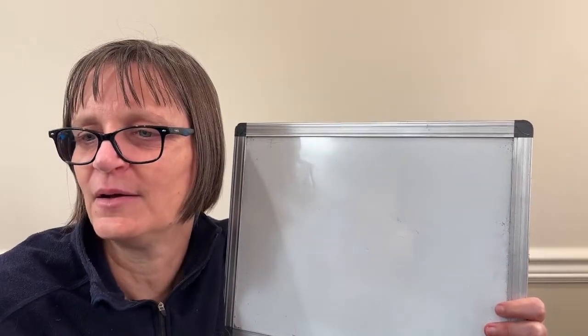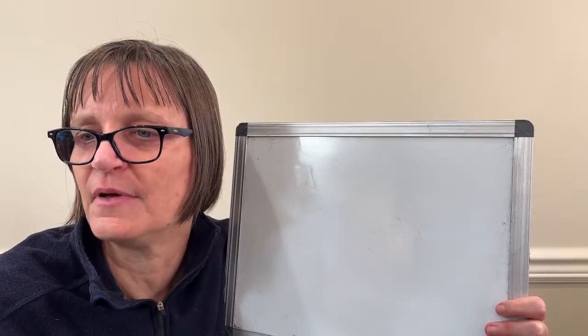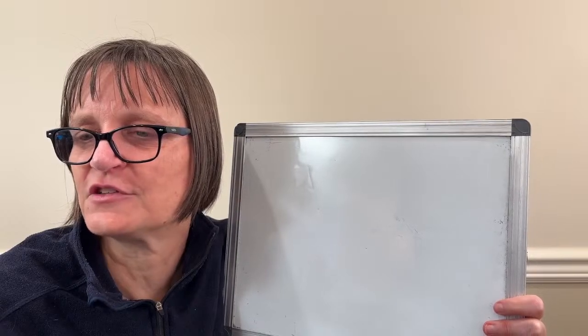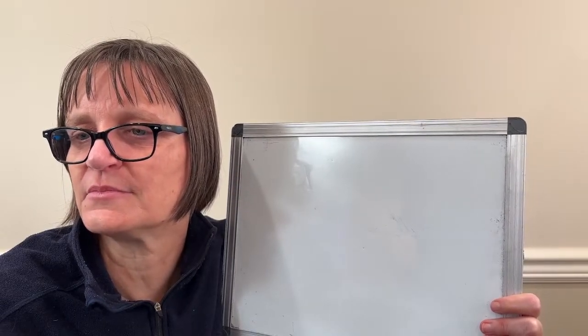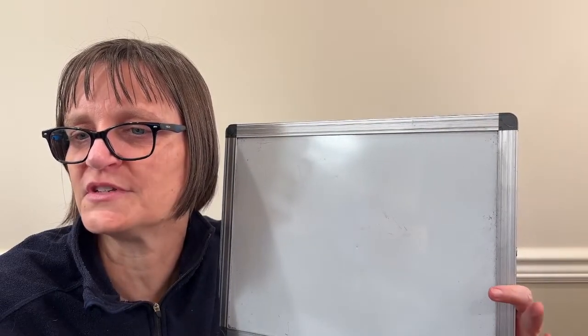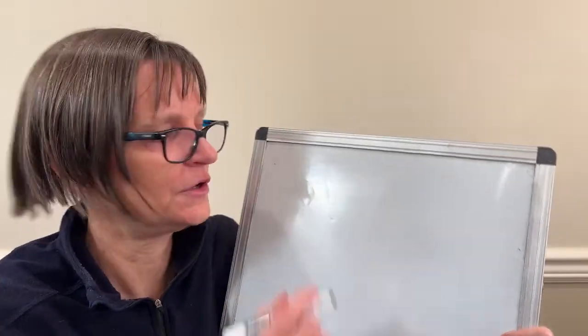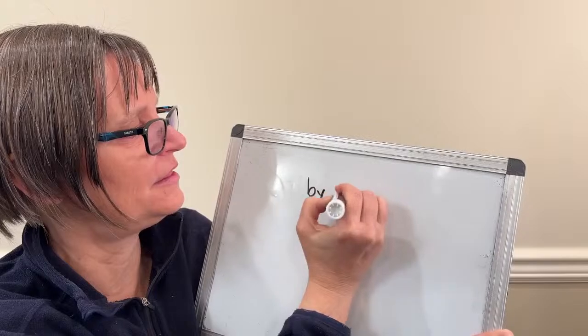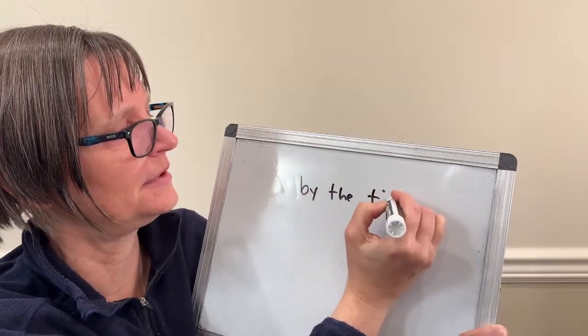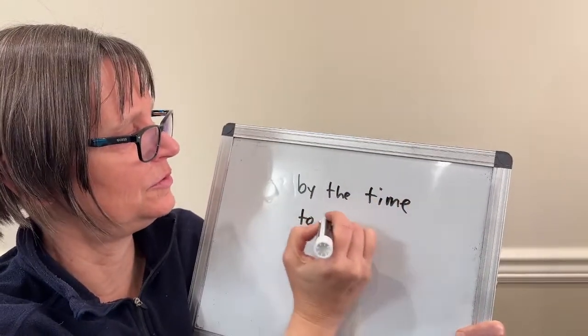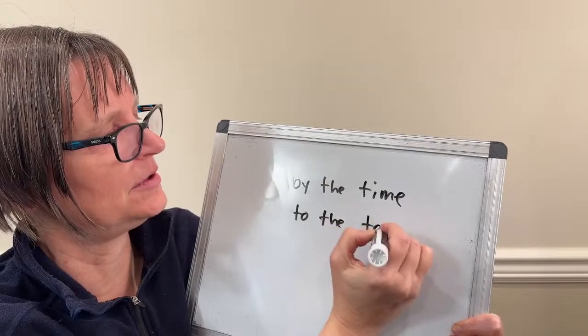Okay, we have a question about the word the, or TH sound, that's followed by a T sound. For example, words as in by the time and to the table.